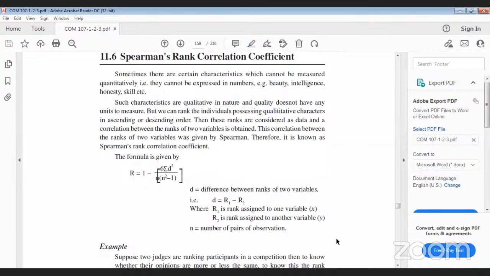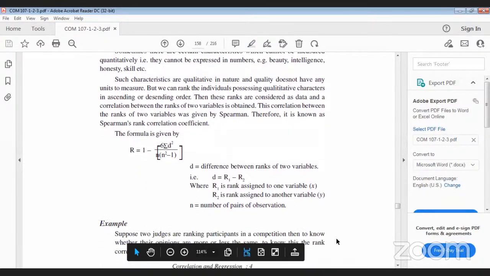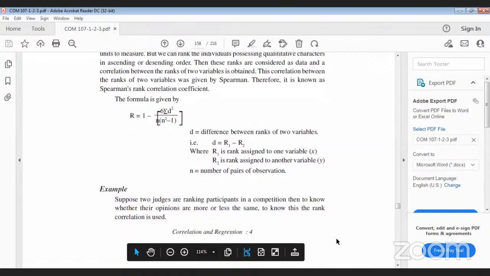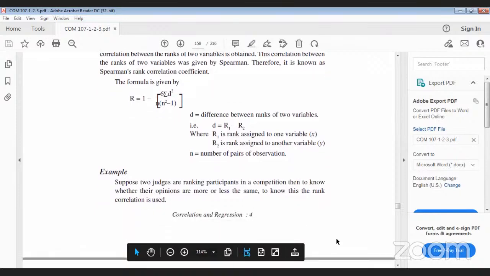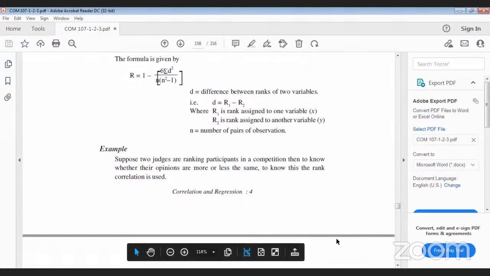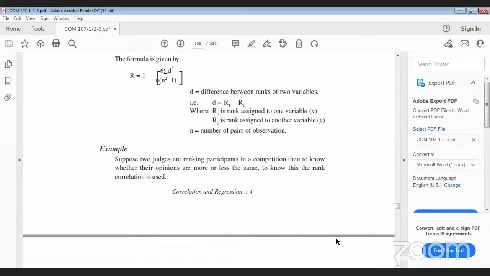An example: suppose two judges are ranking participants in a competition. To know whether their opinions are more or less the same, the rank correlation is used.